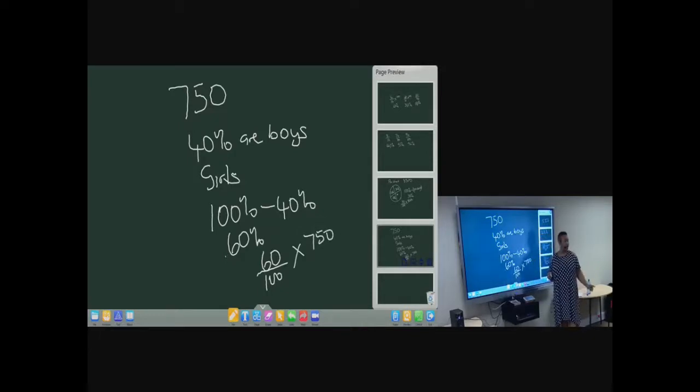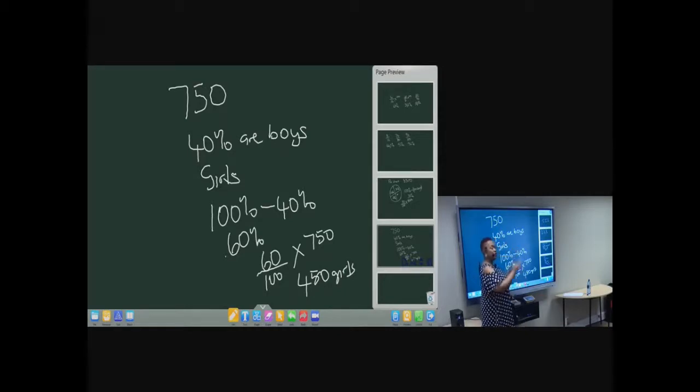Can you tell me how many girls are there? Class? 450 girls. And you can see now that the information about the girls was just for you to be able to interpret that when you are given 100% and the 40% is for boys.